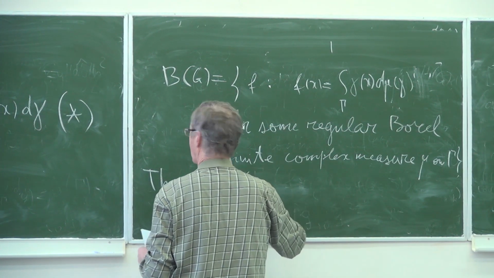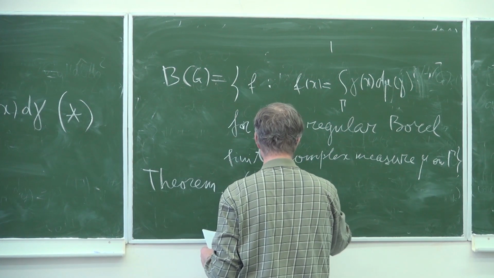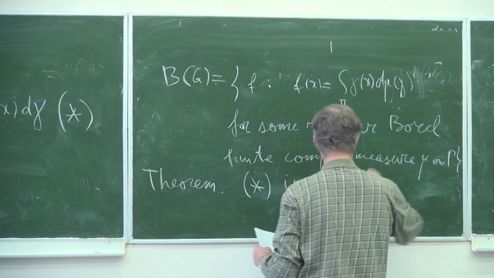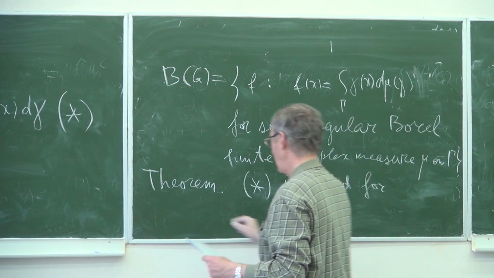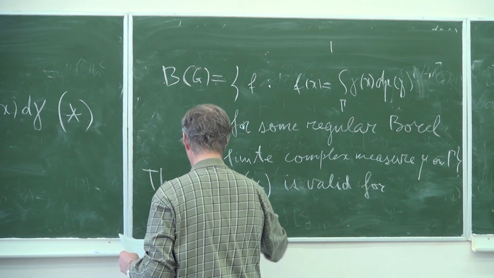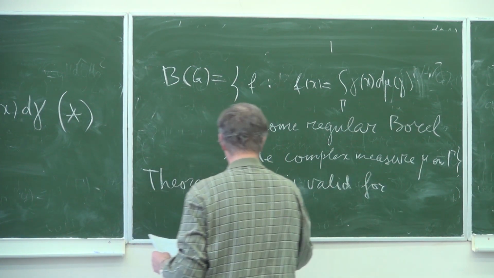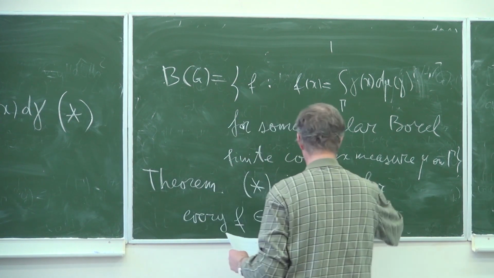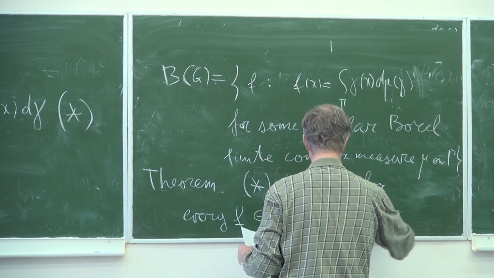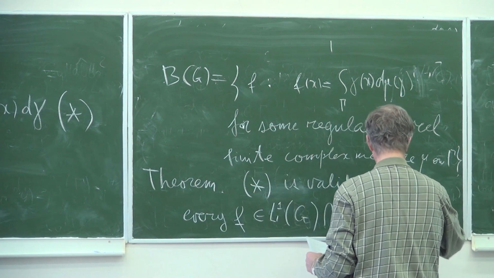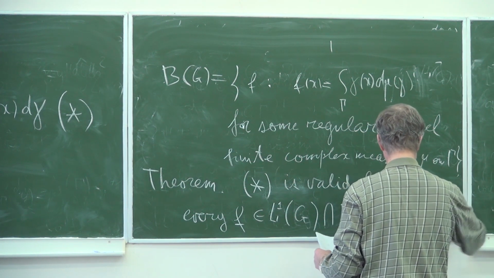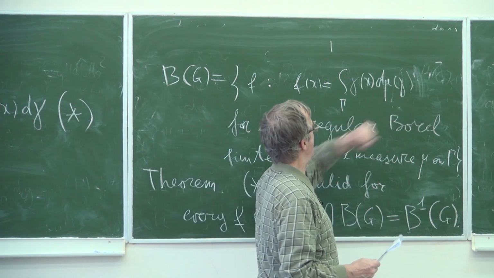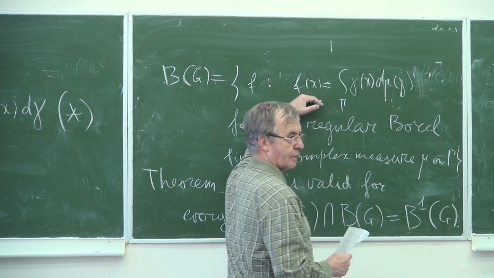The formula marked by asterisk is valid for every f in L1 of G intersected with B of G. Let me denote this set by B1 of G. So take a measure, take its inverse Fourier transform.